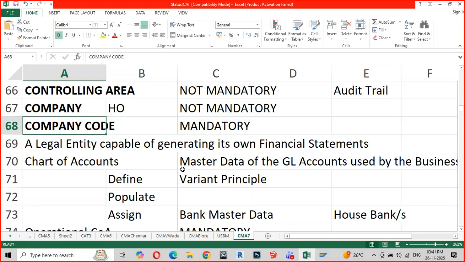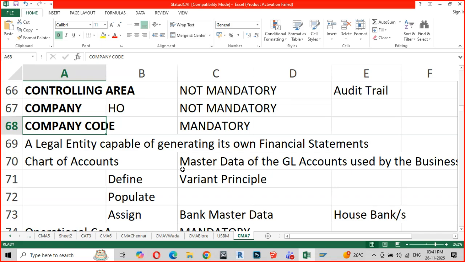So basically you design a structure, a set of general ledger accounts, which is used to take care of your business transactions. And this set of general ledger accounts is held in a master record called your chart of accounts.